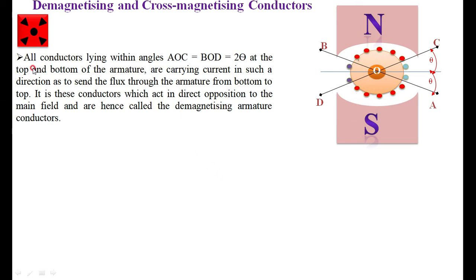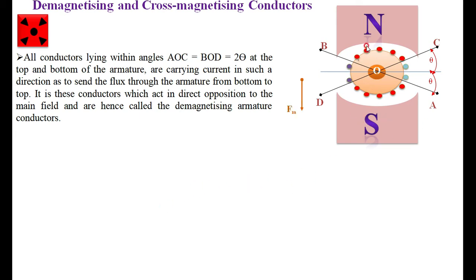Okay, that we are defining here. The conductors between BOD and COA produce the demagnetizing effect, and the conductors between BOC and DOA contribute to the cross-magnetizing effect.